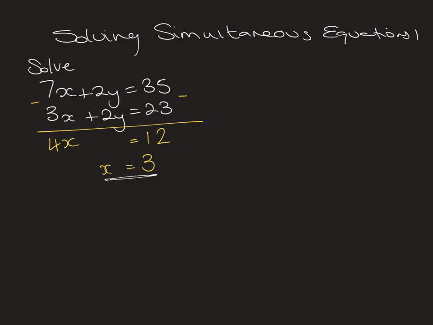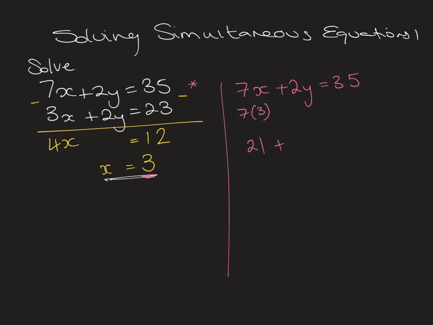We now have a second set of calculations to do to find the value of y. We start with one of the two equations, it doesn't matter which one, and we write it out again. So 7x add 2y is equal to 35. We know that x is 3, so we can substitute 7x for 7 times 3, which is 21.